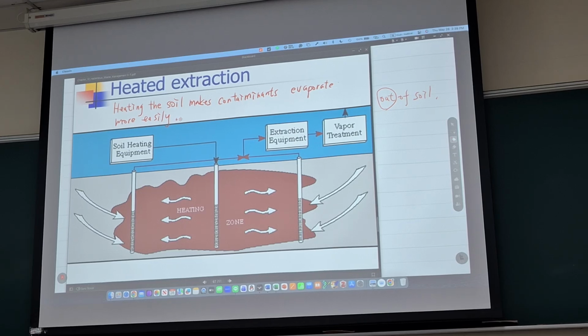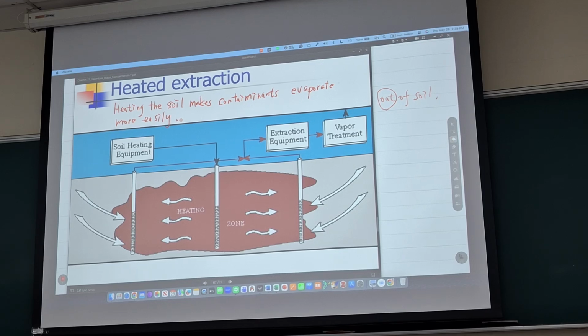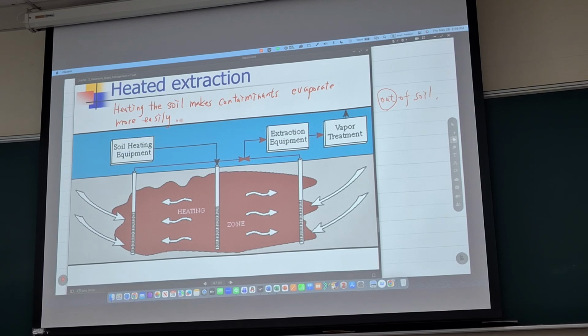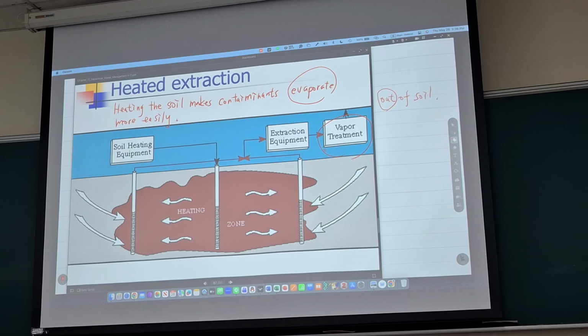Please write this one down. Heating extraction means you add heat. Heating the soil makes the contaminants evaporate and become a vapor. Then you can add the vacuum to pull out those vapors.